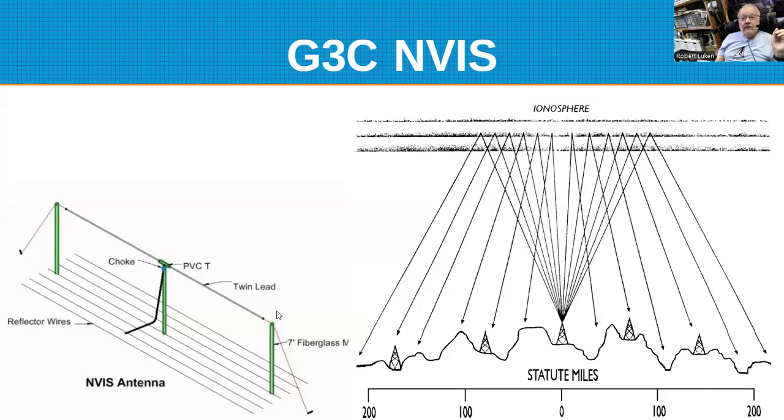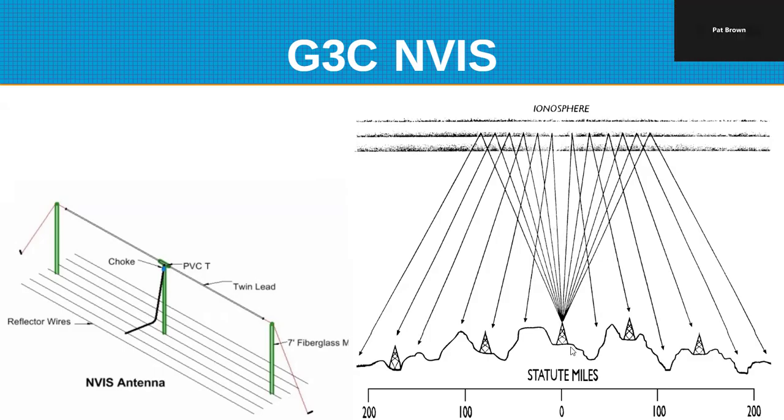This is kind of showing a very low dipole. It's about 7 feet off the ground with some ground plane or reflector wires, and kind of what the pattern looks like where you're transmitting.